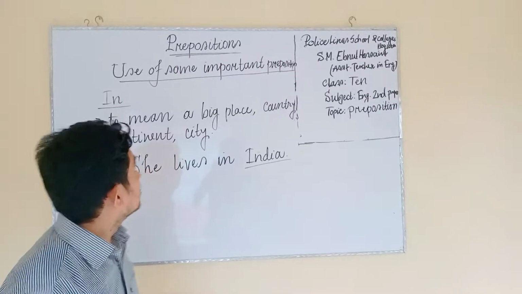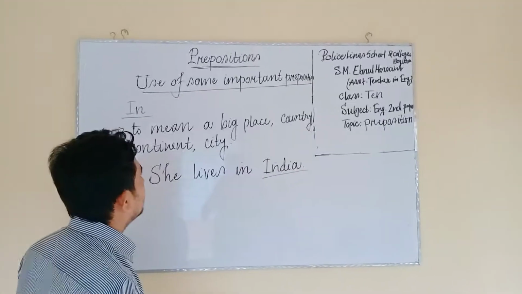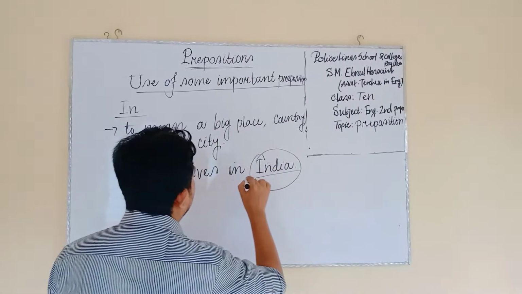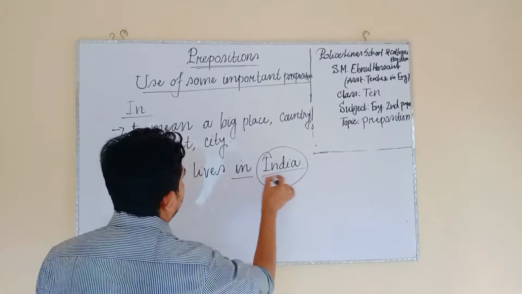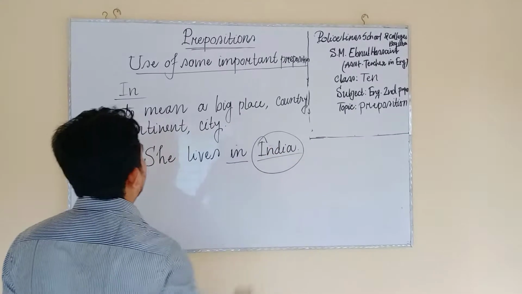So we can see that in is used before a big place or the name of a country or continent. India is the name of a country. Here in is used before the country India.